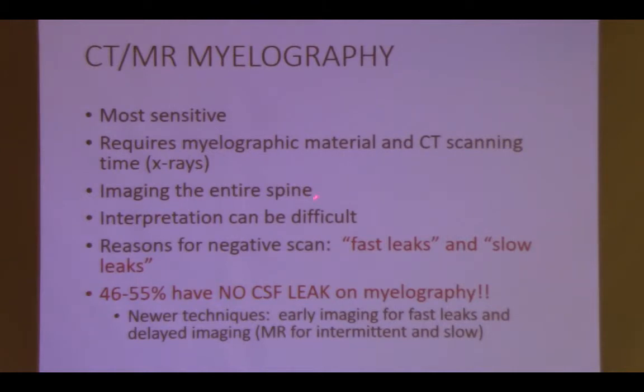And you have to image the entire spine. Interpretation can be very difficult because sometimes the leaks are too fast or too slow, and then sometimes you can't find the leak. About half the time we don't find the leak, which is very frustrating because it's hard to patch something you can't find, okay?